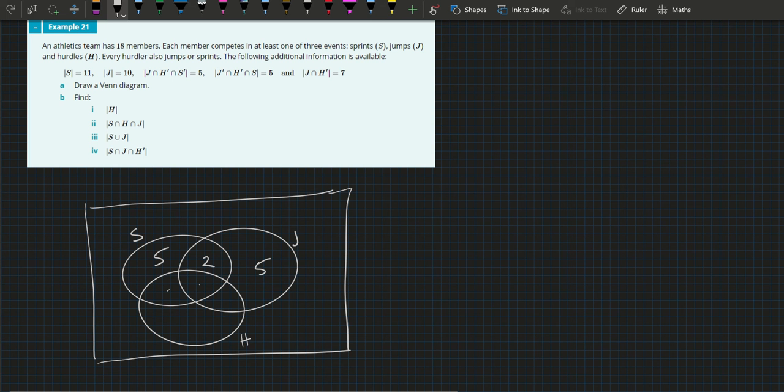And the people who jump in total is 10. So there has to be 3 in total here. Does it say how many people do hurdles? It doesn't.